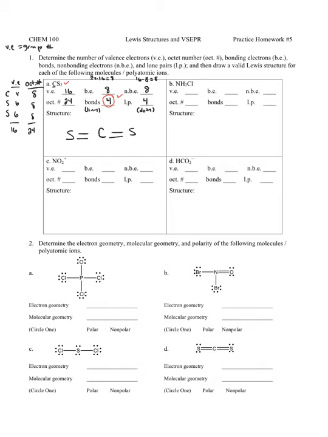And now I add my lone pairs so that everything has 4 pairs around it. So right now, the sulfurs both have 2 bonds, which means they need 2 lone pairs.